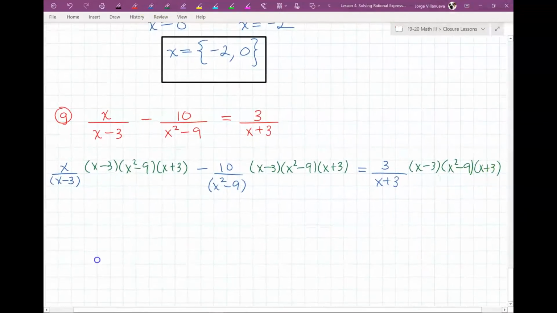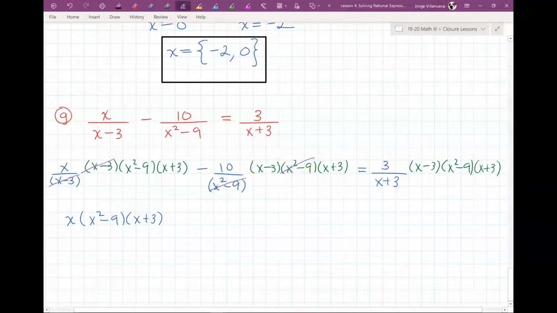Alright, so let's cancel stuff they have in common. So x minus 3 is there. Okay, so let me rewrite this. This will be x times x squared minus 9 times x plus 3. Okay, and then over here we'll get rid of this.